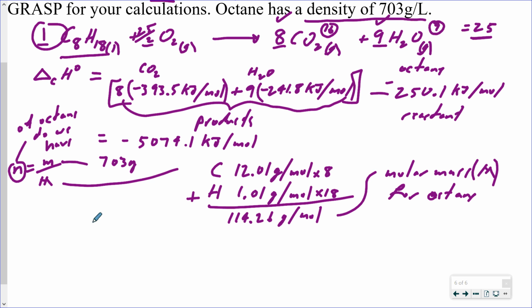So let's just go ahead and plug the numbers into this equation then. That's 703 grams divided by 114.26 grams per mole. Grams cancel out. We're left with moles. This is how many moles we have in 1 liter of gasoline, and it's 6.15.